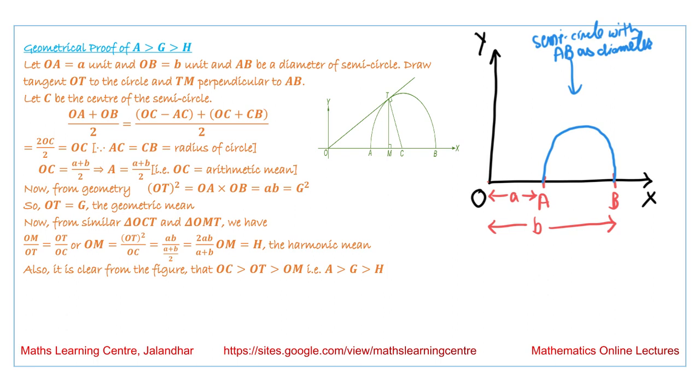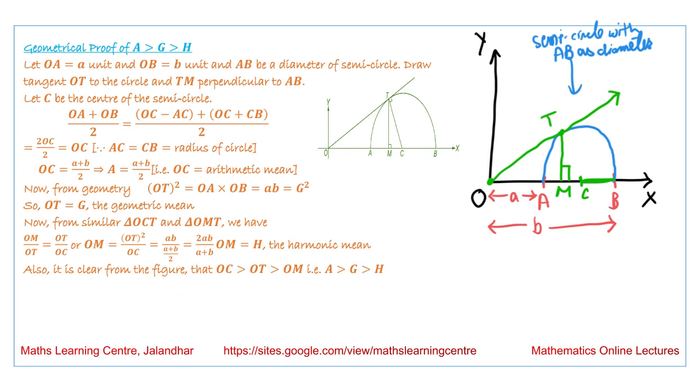Now we draw a tangent to this circle from the point O, and we call the point of tangency T. This TM is perpendicular to OX, that is, perpendicular to AB on the x-axis. And suppose C is the center of this circle.